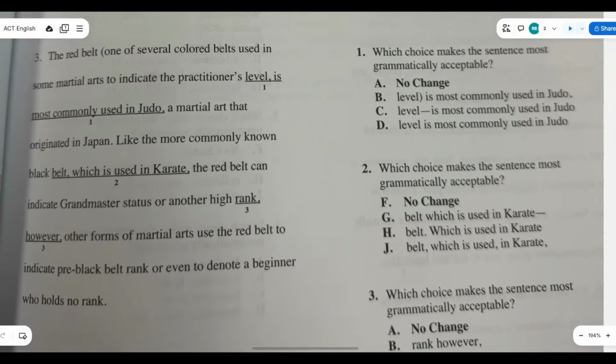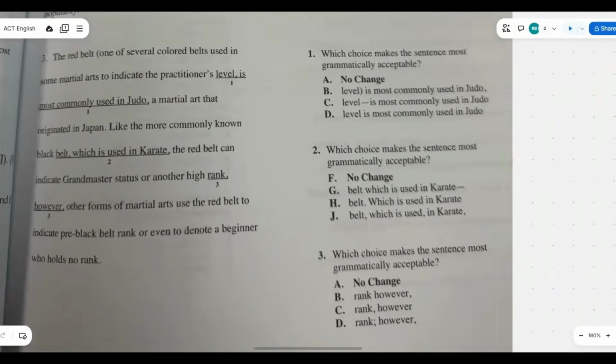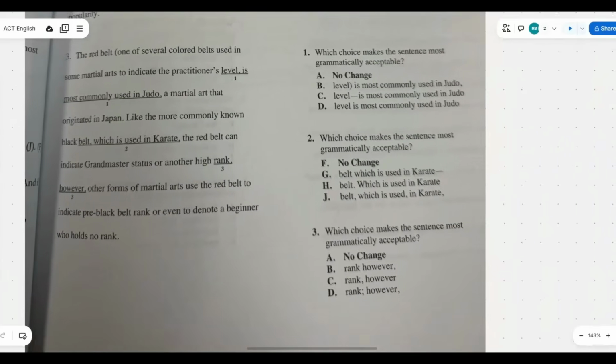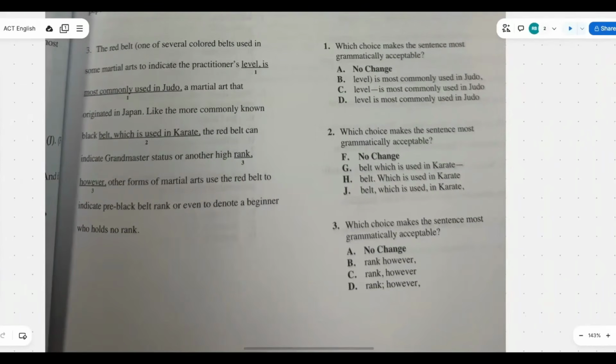Okay, so what we're going to do is a couple more of these, and then we'll go on to the ACT English questions, because I do get a lot of questions about this. Okay, so this number 1 right here: which choice makes the sentence the most grammatically acceptable? You've got a lot going on in this situation. From a high level, we have a parentheses, we have a comma, and my first gut reaction is, oh my Lord, why did they not close that dang parentheses?